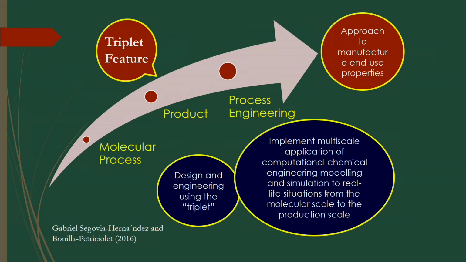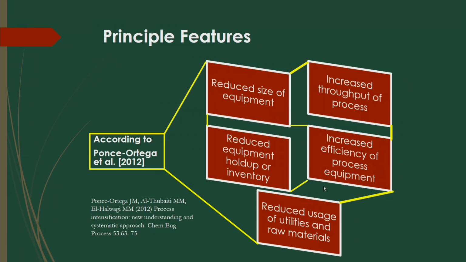Based on that simulation you can also scale up those processes for the commercialization sector, and you can get a more precise way to interpret those processes after development of this process method for process intensification.